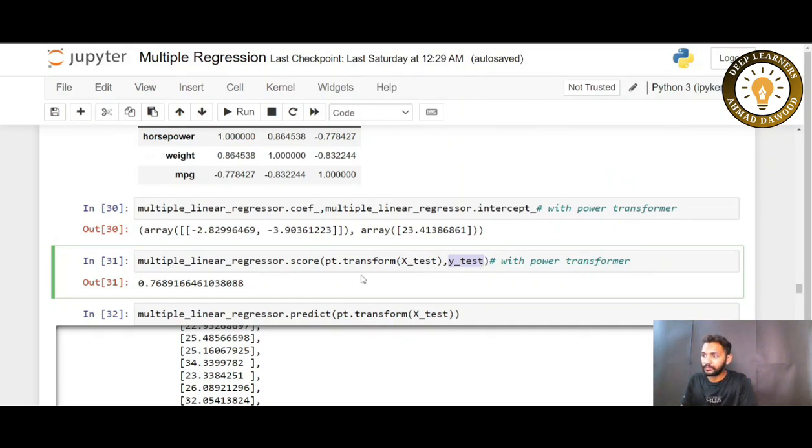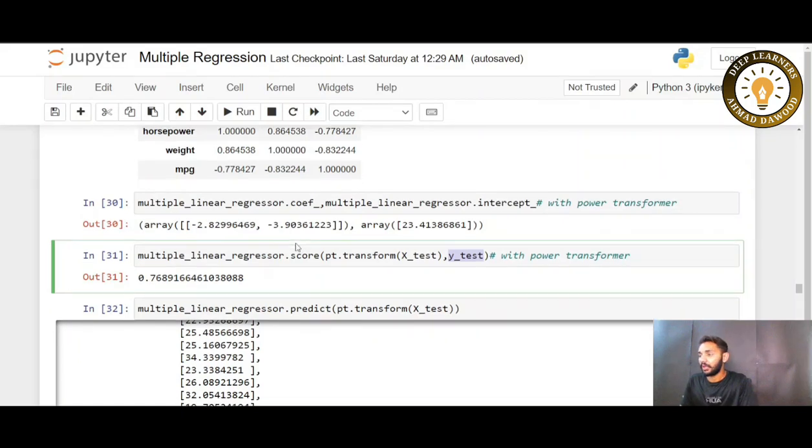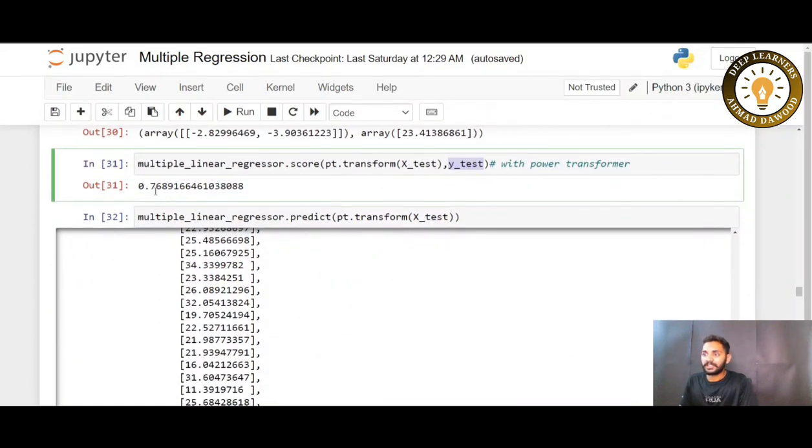Same transformer I am using here, and this is the testing data, the testing true values. How the score works, I told you last time also: it calculates the predicted values for these independent variables, then compares the predicted values with y-test, the true values, and then calculates the score using the same formula of R square. 0.76, or you can say 76%, is the accuracy of our model.